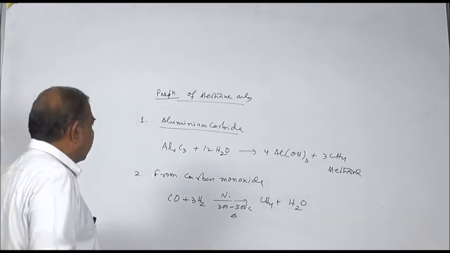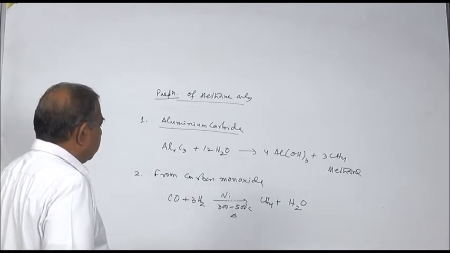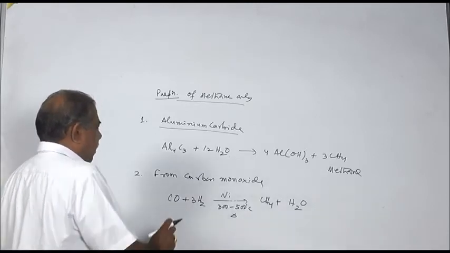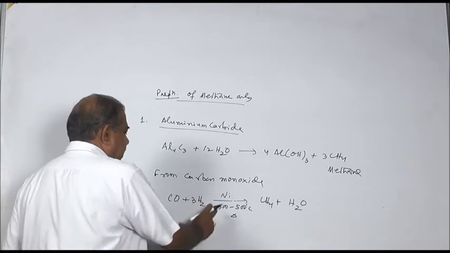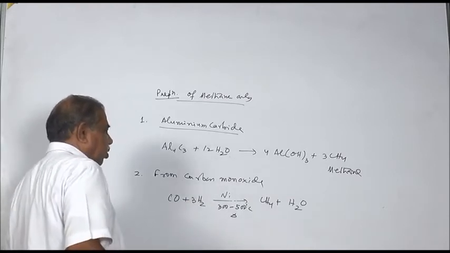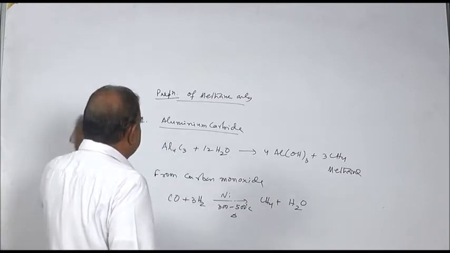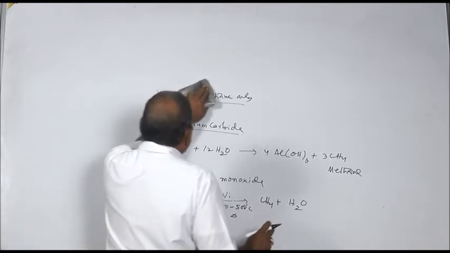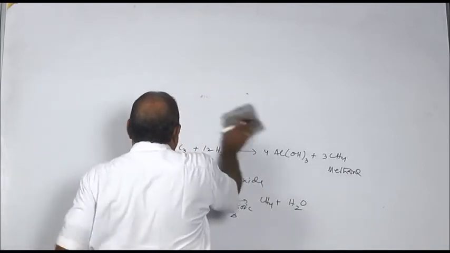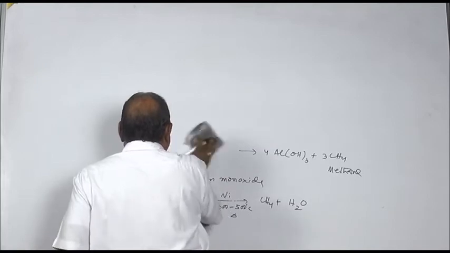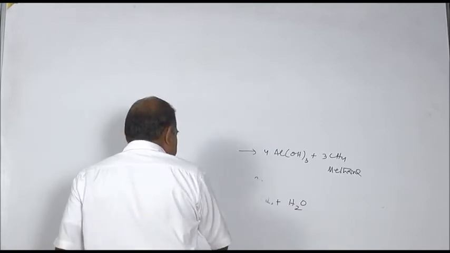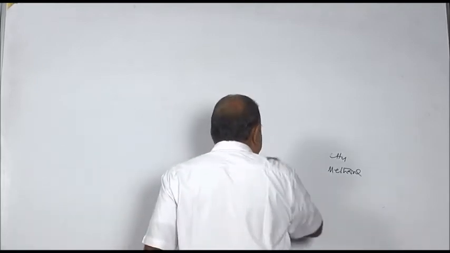Here nickel acts as a catalyst at a high temperature between 300 to 500 degrees centigrade. So these are all the different methods of preparation of alkanes, including methane separately.